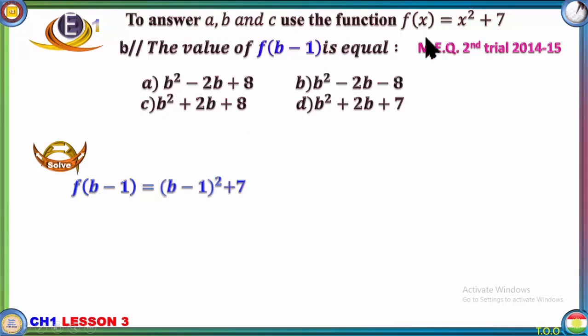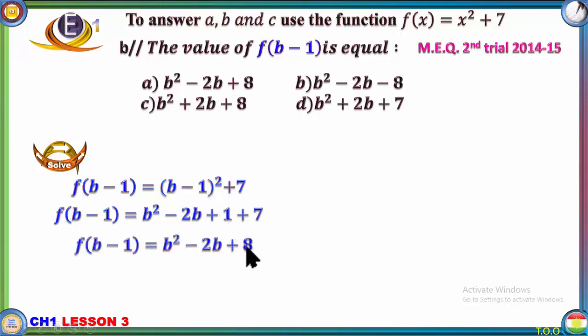We get (b minus 1) squared plus 7. Opening this bracket, b times b is b squared. 2 times b times minus 1 is minus 2b. Minus 1 times minus 1 is 1, plus 7. 1 plus 7 is 8. Then f of b minus 1 is equal to b squared minus 2b plus 8. You can see that A is the correct answer.